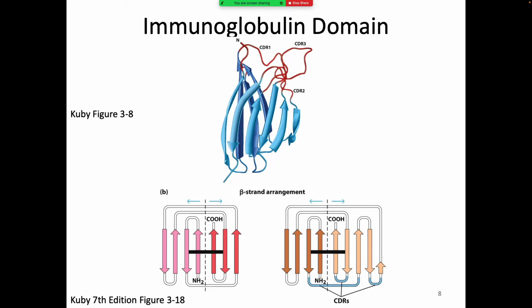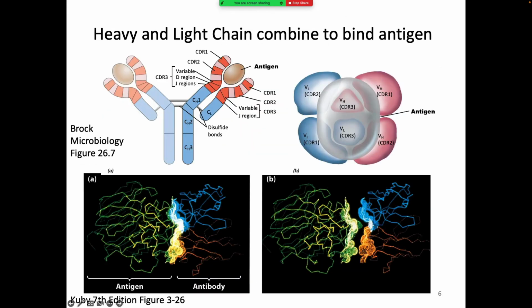If we actually look more closely at how our antibody is binding to antigen, we find that in the end of those immunoglobulin domains, so the variable region of the heavy chain and the variable region of the light chain, there are those 3 little loops, like these 3 little fingers in each case.